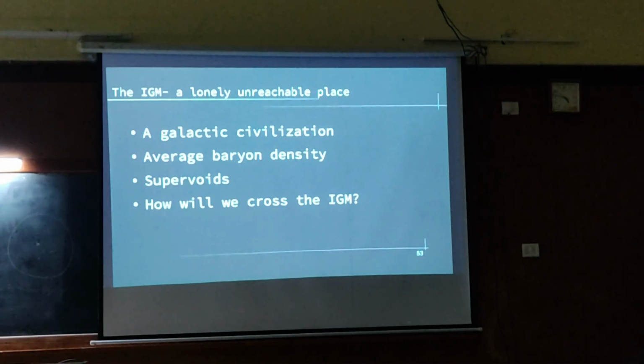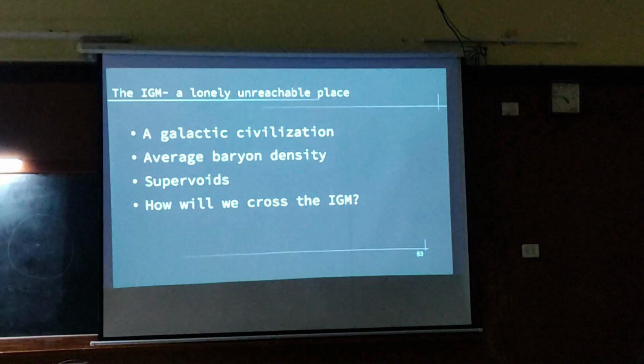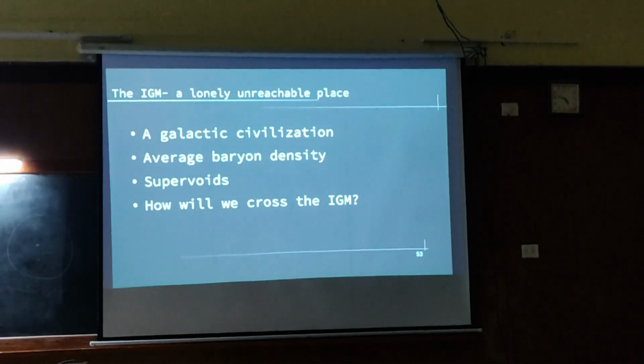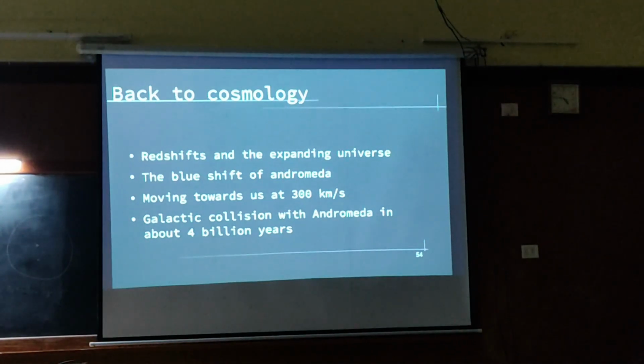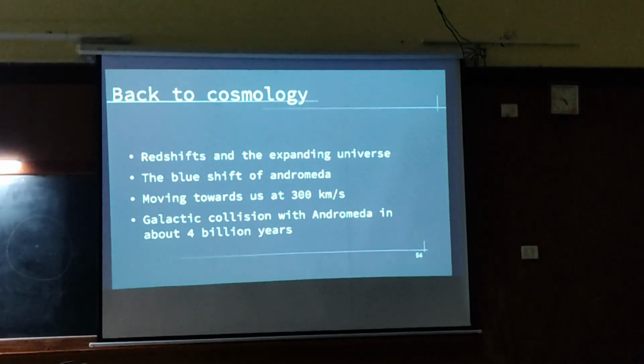Luckily, the answer turns out to be yes. I mentioned these red shifts: all the far away galaxies seem to be moving away from us. Locally, some of them just have random velocities. One of them is Andromeda, and it's moving towards us at 300 kilometers per second.